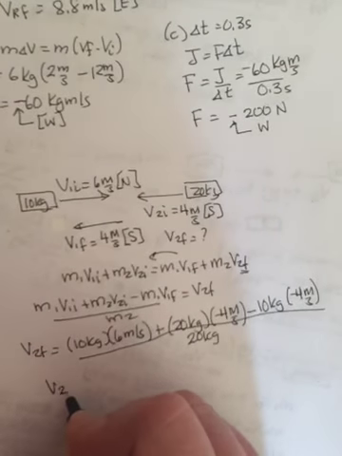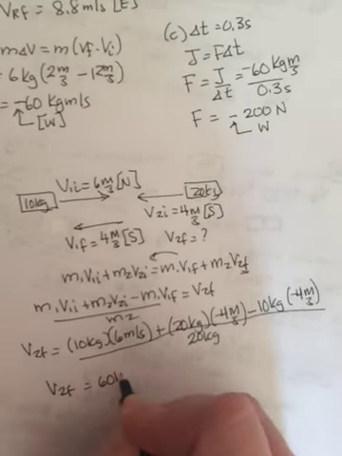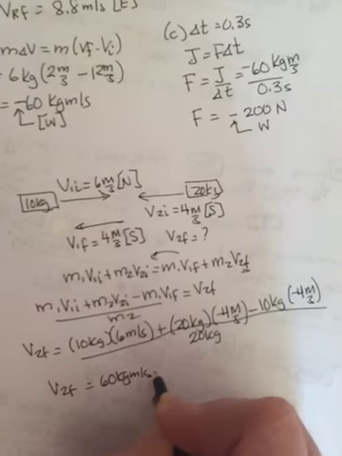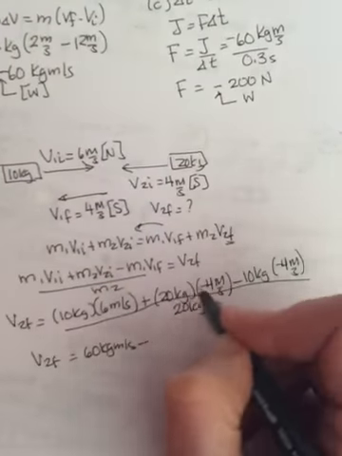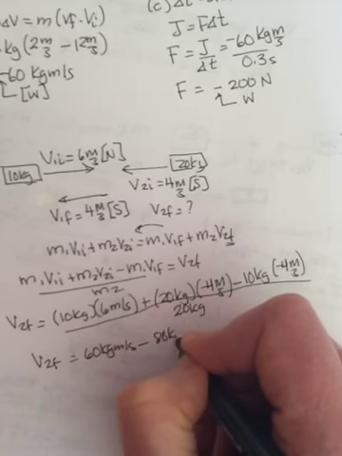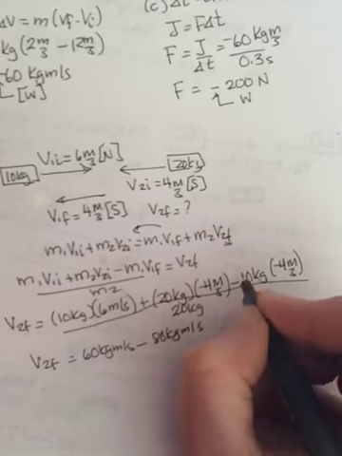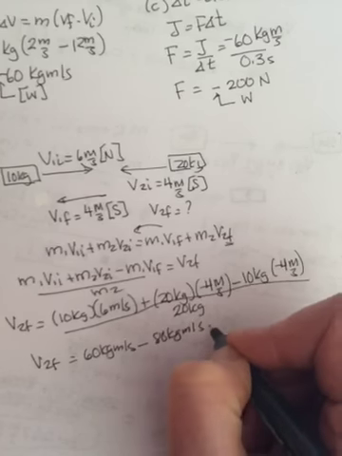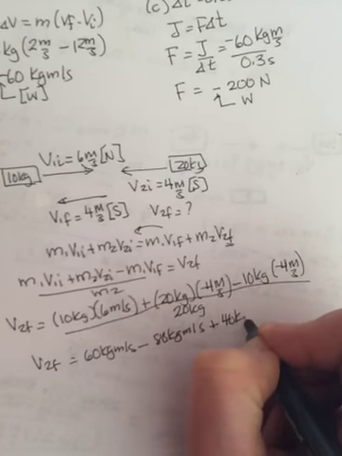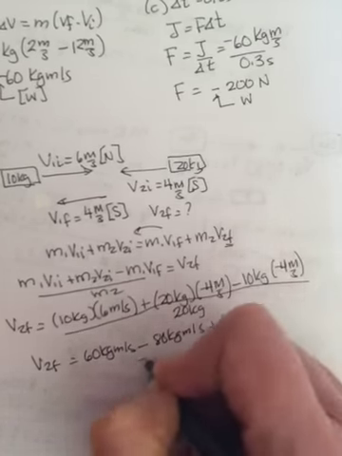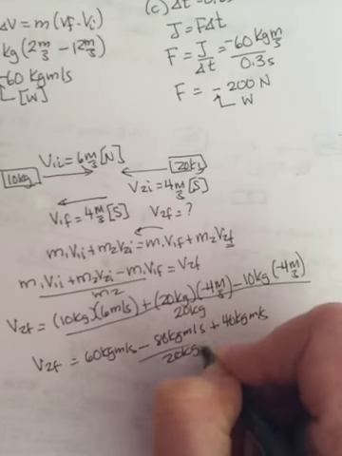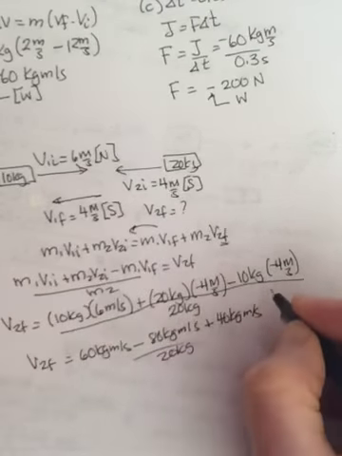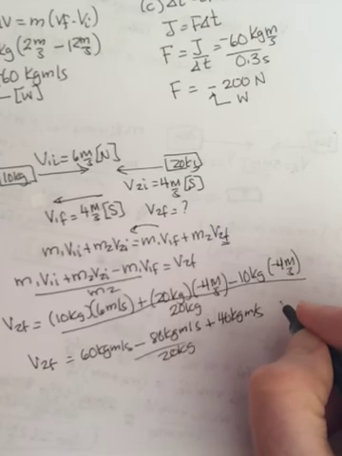So the first term is positive 60 kilogram meters per second minus 80 kilogram meters per second, and then a negative and a negative will be a plus 40 kilogram meters per second, divided by 20 kilograms. So 100 minus 80 is 20. 20 over 20 should be 1.